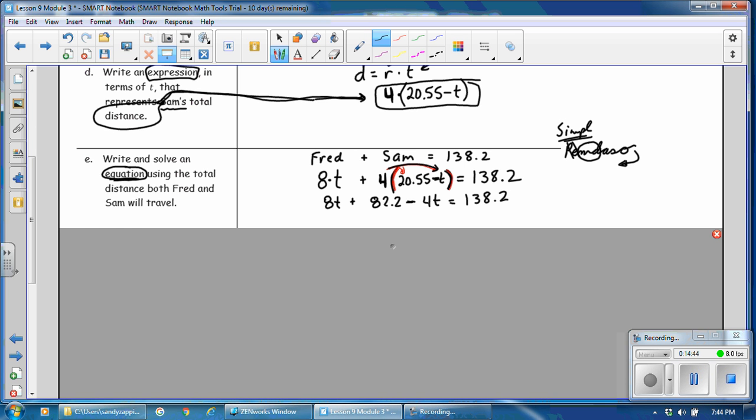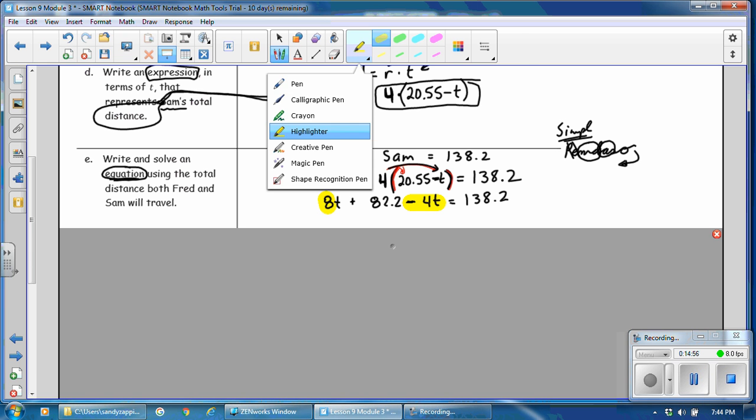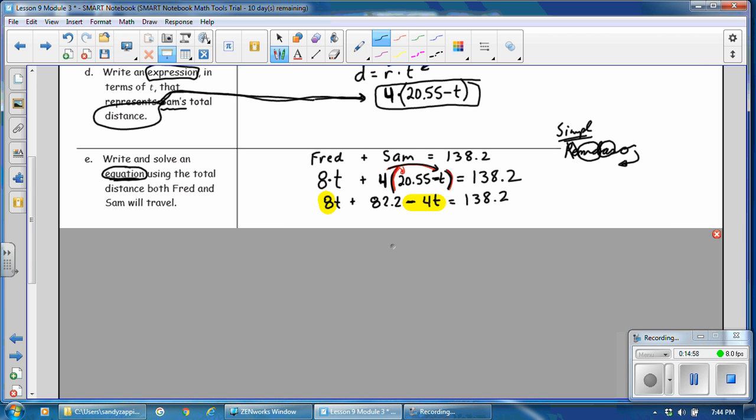Next, we can see if we can simplify anything with adding and subtracting. And I see that we do have like terms, so we can combine our like terms of 8t minus 4t. And 8t minus 4t is 4t plus 82.2, and that's going to equal 138.2.